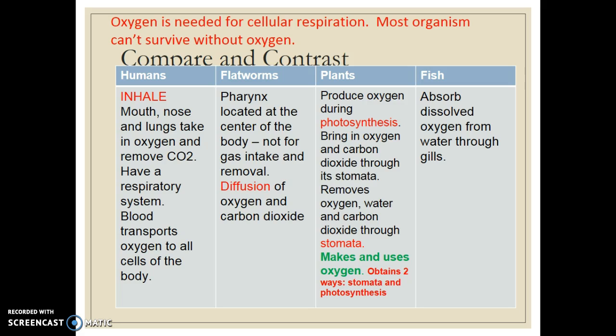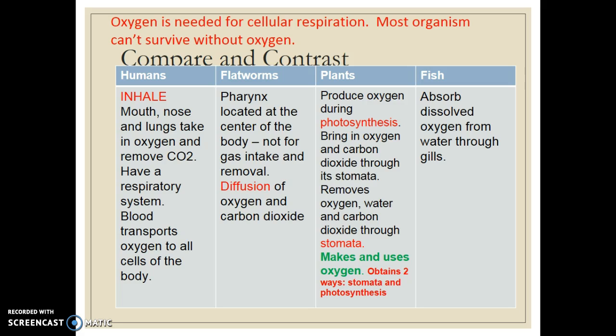Plants are going to produce oxygen during photosynthesis. They bring in carbon dioxide through their stomata and remove oxygen that's not needed. Water and carbon dioxide are also going to leave through those same pores, those stomata. It makes oxygen, and it's going to use that oxygen.